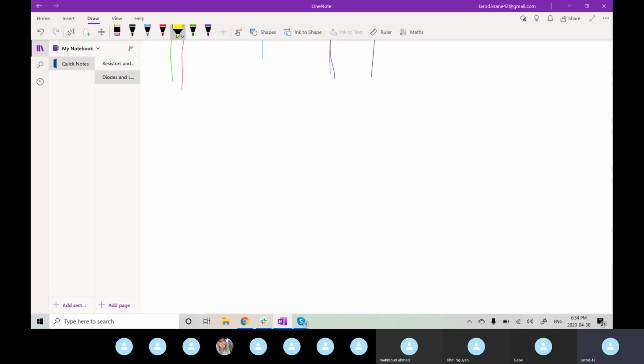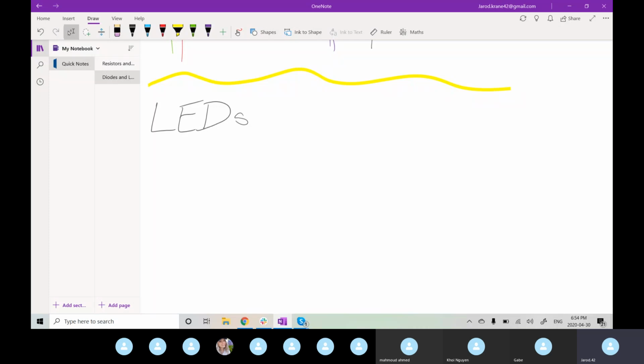Then the end of it. LEDs, which are essentially the same thing. They're light emitting diodes.